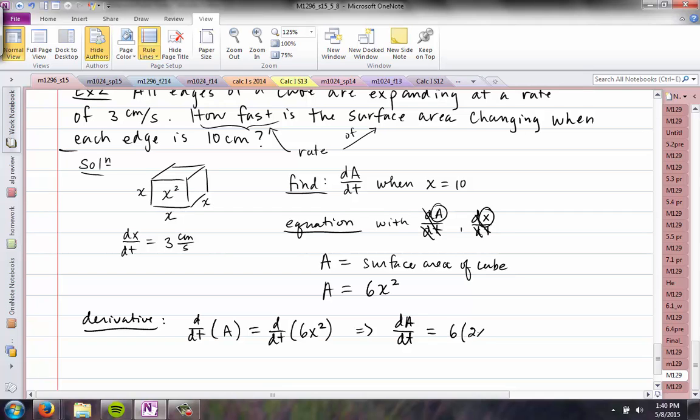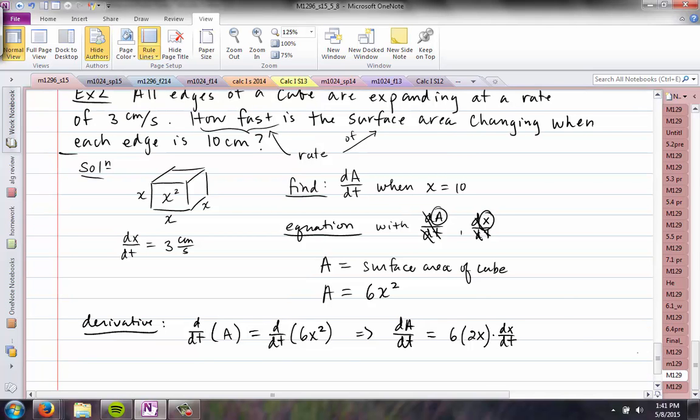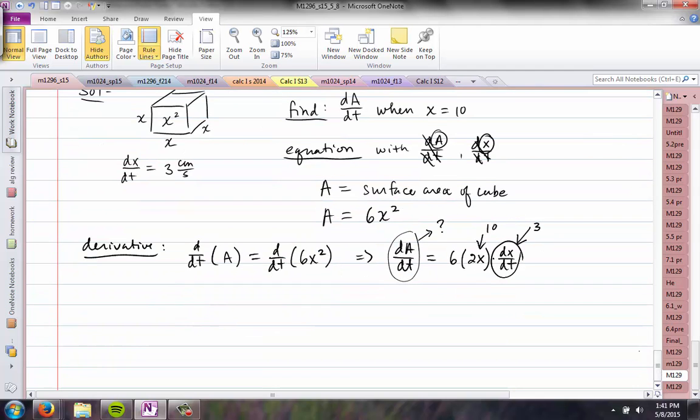So that's just going to be 2x where the original inside function is x, and then the derivative of the inside function, using the chain rule, is dx over dt. So now we're supposed to find dA over dt, so the fact that we have a variable for that is good. And then x, we're supposed to do this when x is 10, and we're given the rate dx over dt. So this worked out really nice. I can plug stuff in and solve.